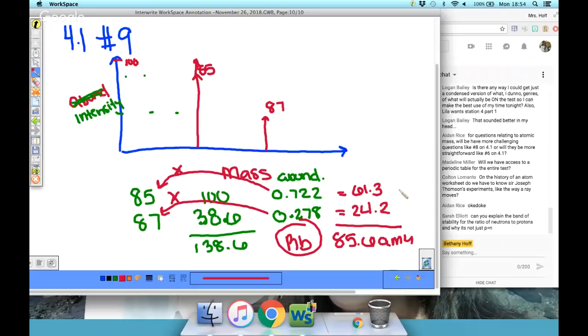Can you explain the band of stability with ratios of protons and neutrons? It's not just protons and neutrons for the band of stability, because as you increase the number of protons, the need for those protons to want to repel each other gets greater and greater. And so you actually need more neutrons as the mass gets larger, because neutrons kind of act as a buffer.